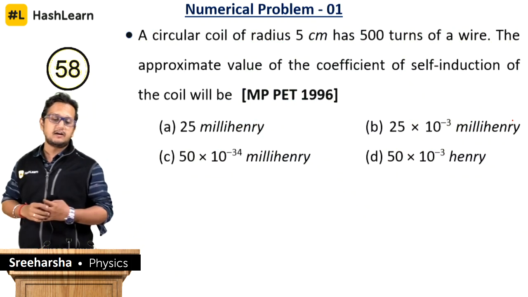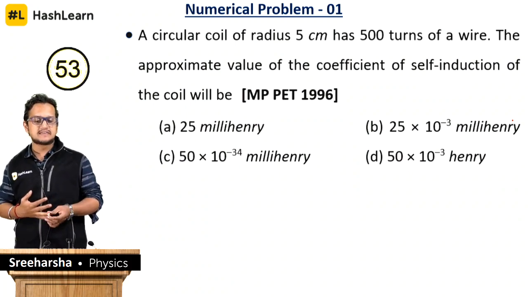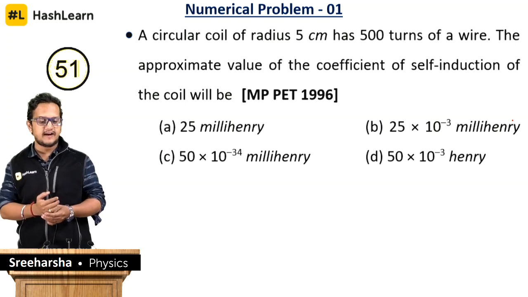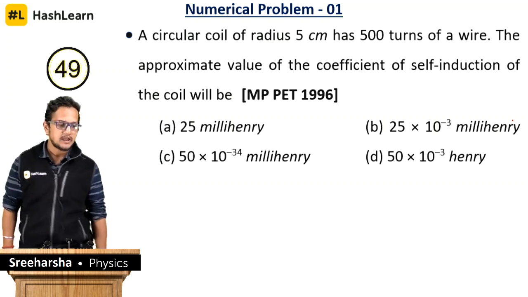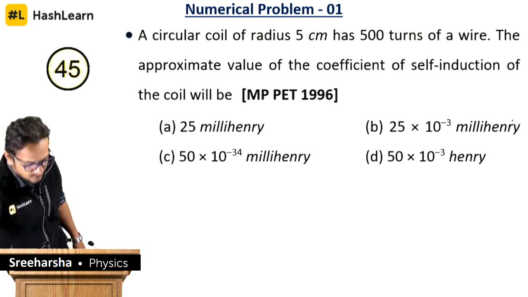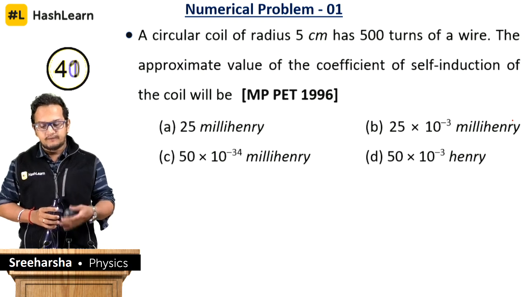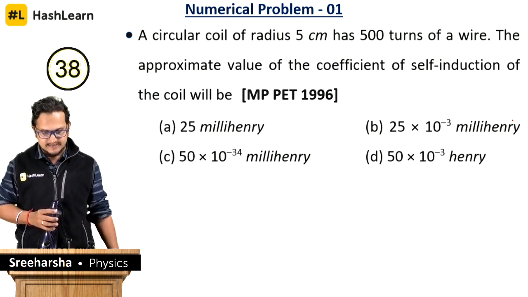A circular coil of radius 5 cm has 500 turns of wire. The approximate value of the coefficient of self-inductance will be equal to 25 millihenry, 25 into 10 power minus 3 millihenry, 15 into 10 power minus 34 millihenry, or 50 into 10 power minus 3 Henry.